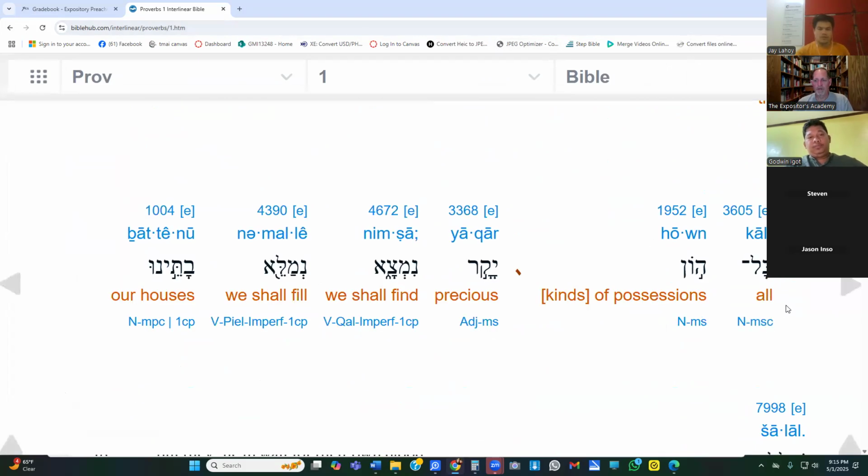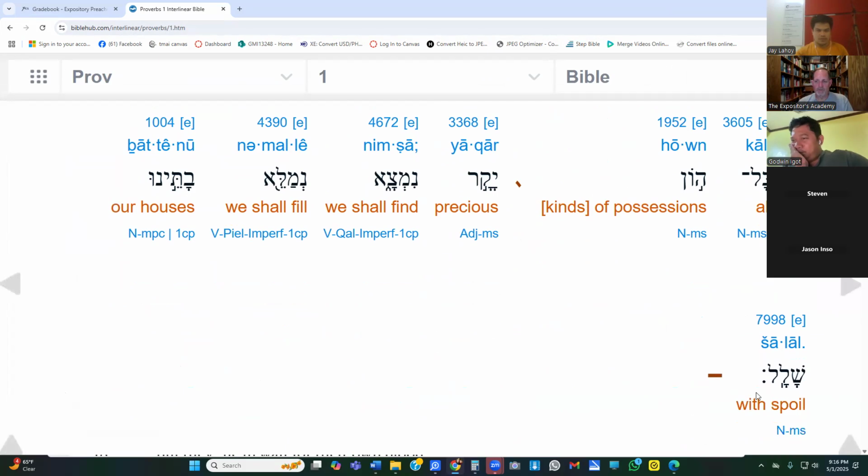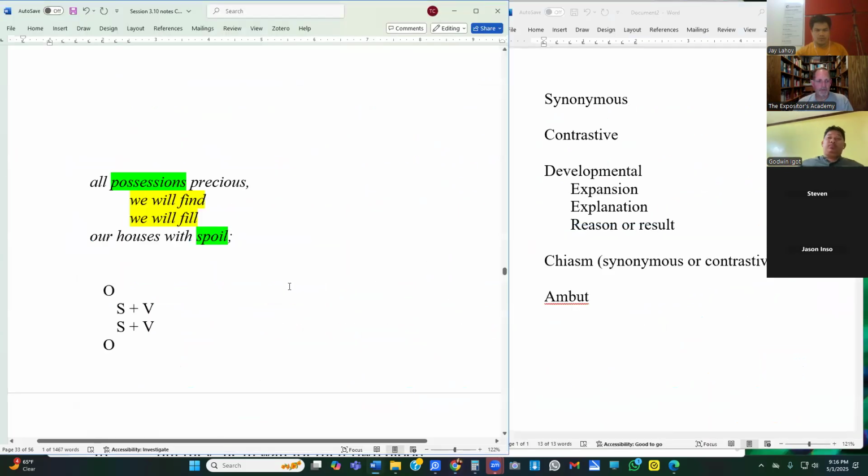Now notice: all kinds of possessions, precious, we shall find, we shall fill our houses with spoil. So the literal is actually all possessions precious we will find, we will fill our houses with spoil.